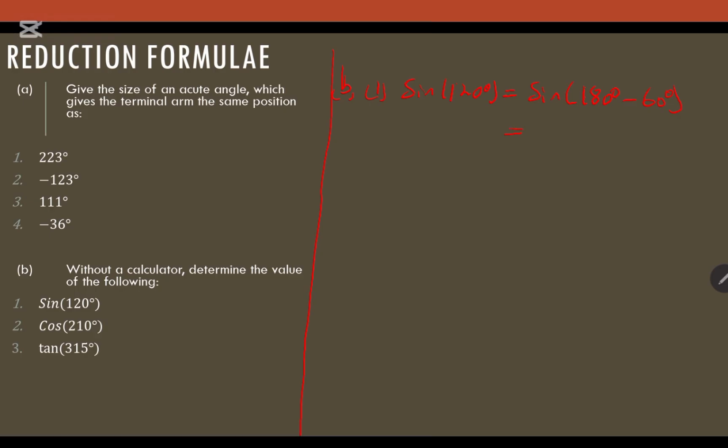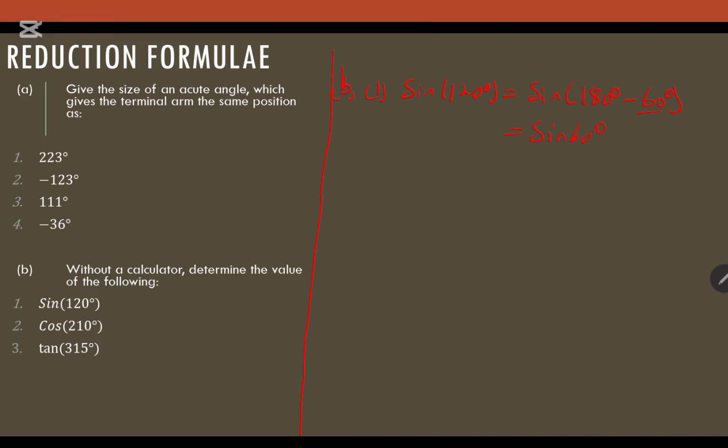Now, 180 minus 60 is 120. Therefore, this 60 degrees is the reduction value. This is the reduced acute angle. Therefore, this angle is in the second quadrant. Our answer will simply be sine 60 degrees. So sine of 120 is equal to sine of 60 degrees.